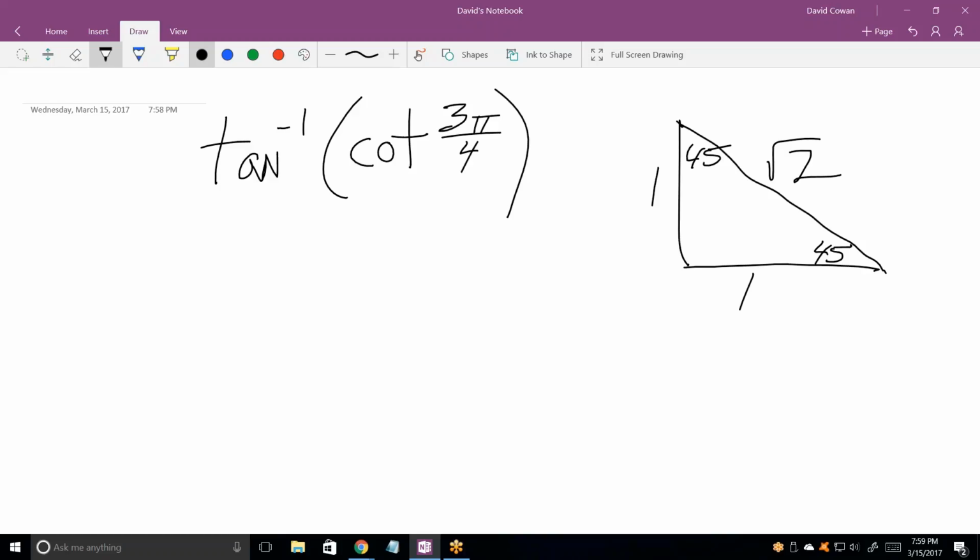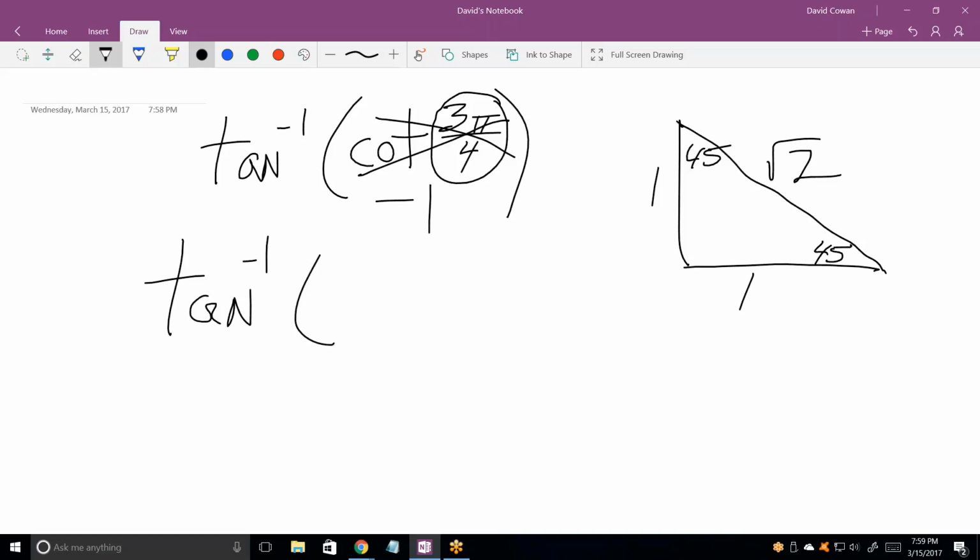So cotangent of pi over 4 is 1. But 3 pi over 4 is in the second quadrant. So what's cotangent of 3 pi over 4? -1, right? So I'm going to replace that with -1, and now the problem becomes the inverse tan of -1.